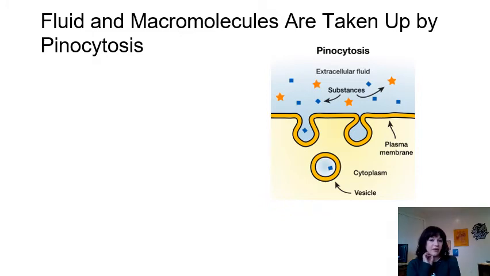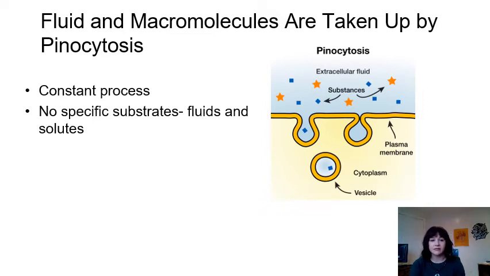So another type of endocytosis is called pinocytosis, right? So this is very nonspecific in what it is grabbing up. We have a picture here on the right. You can see that these inbuddings or in pockets are forming, and whatever happens to be around in the extracellular fluid is what gets taken up into that vesicle. Now this is a constant or constitutive process. It's always happening, right?